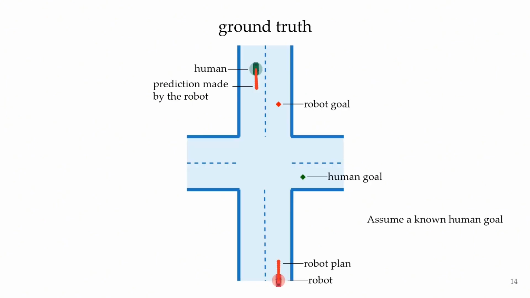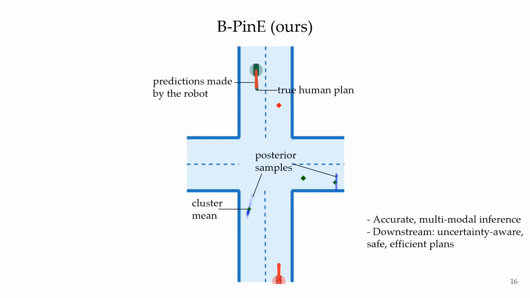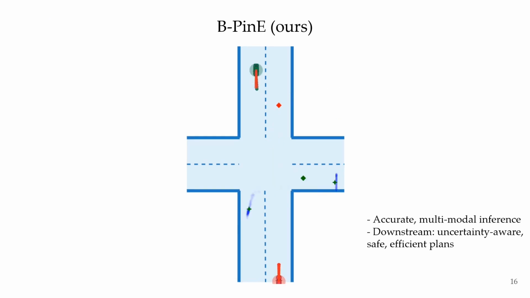We show a comparison of the two inference approaches in combination with existing game-theoretic planning methods in the intersection driving scenario. First, we show the ground truth behavior generated by assuming a known human goal. Our approach recovers multimodal posterior distributions that accurately capture the uncertain human goal and enable safe and efficient downstream motion plans.